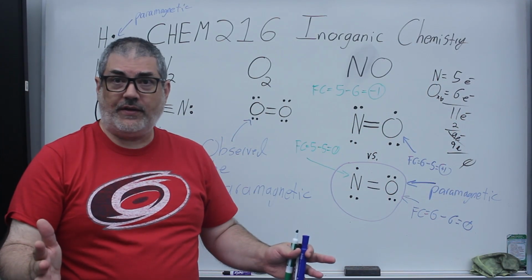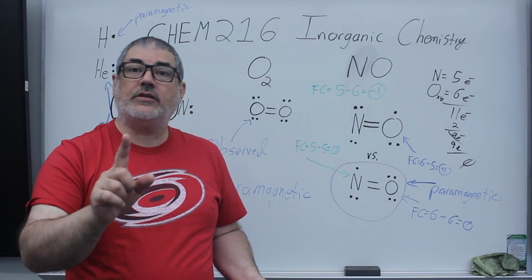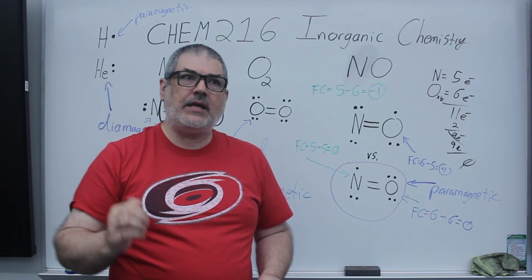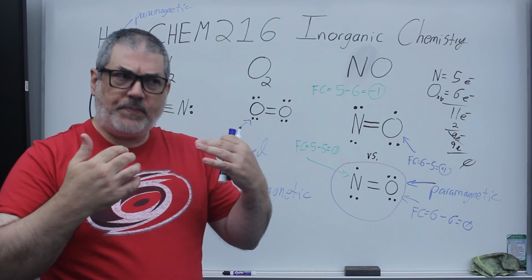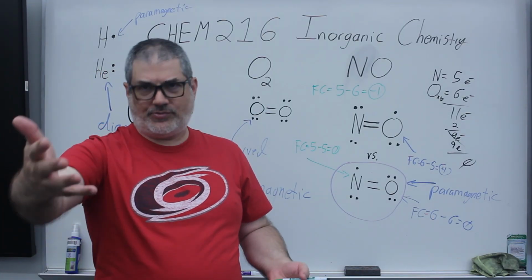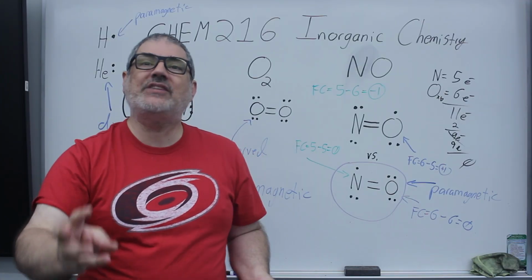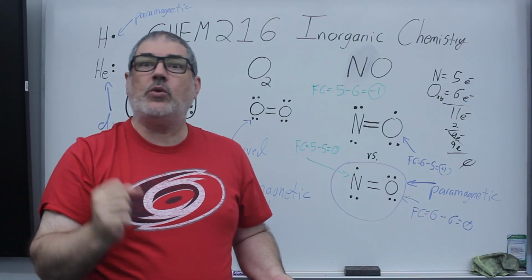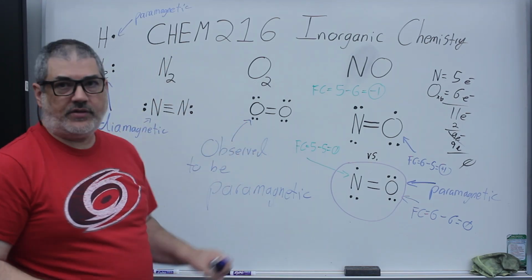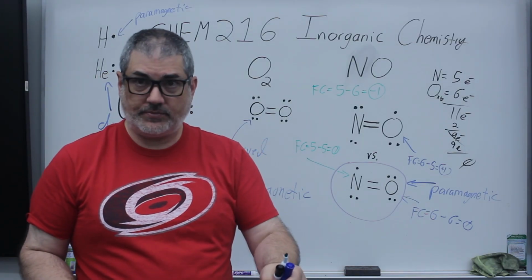How can we resolve this? Okay? Well, the answer is we cannot resolve it with Lewis structures. We are going to bring in a new chemical bonding theory called molecular orbital theory, which sounds worse than it is. And that's going to allow us to explain what's going on here. Fundamentally, Lewis dot structures treat the electron as a particle. Okay?